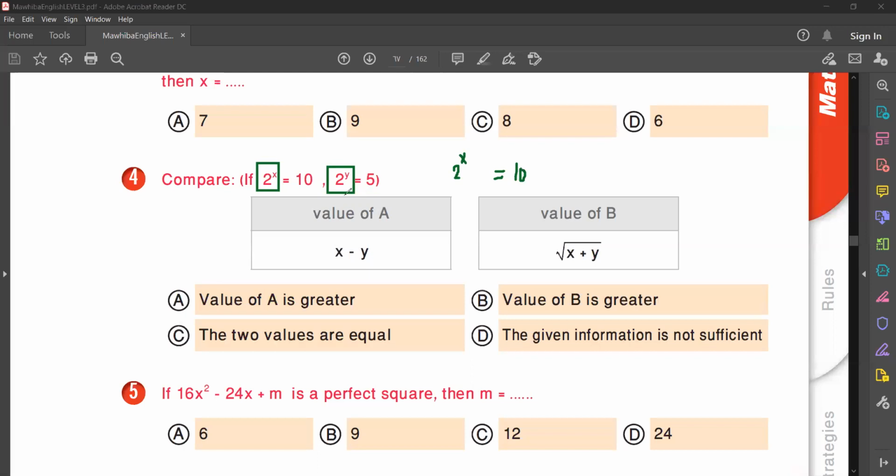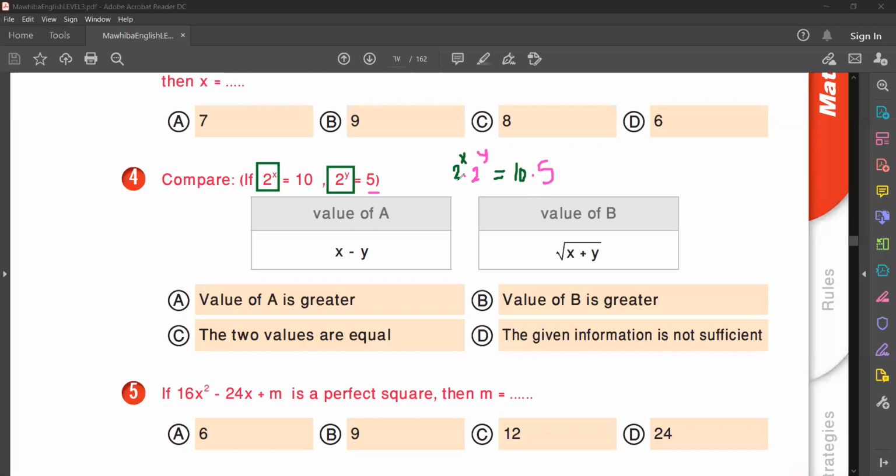Now I multiply by 2 to the power y. And also the answer of the second equation, so you write here 5, because 2 to the power y equals 5. So I can multiply the other side by 5.